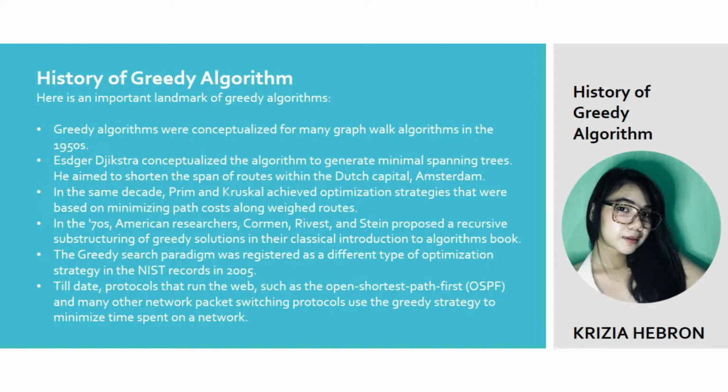The greedy search paradigm was registered as a different type of optimization strategy in the NIST records in 2005. To date, protocols that run the web, such as Open Shortest Path First (OSPF) and many other network packet switching protocols, use the greedy strategy to minimize time spent on a network.